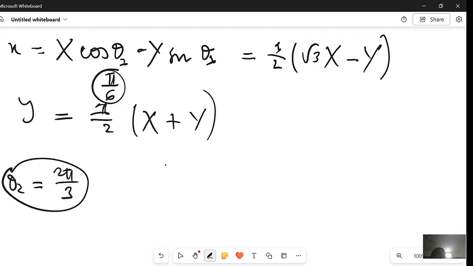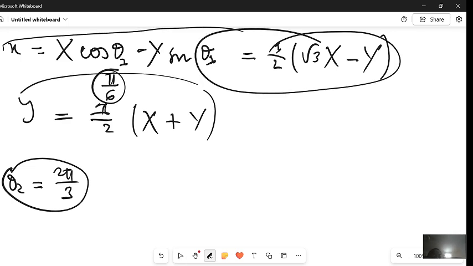Found the two equations. Now those are the equations of transformation.